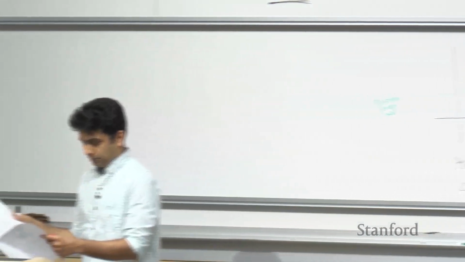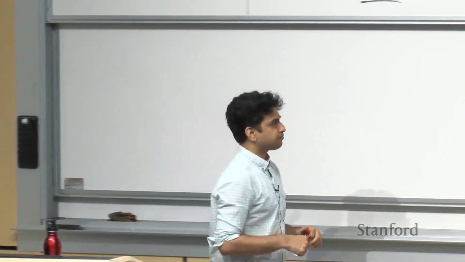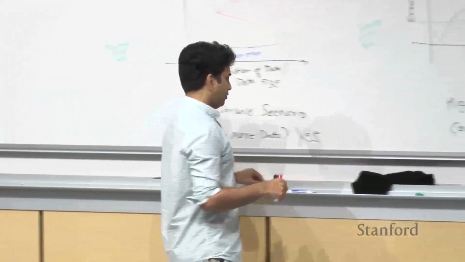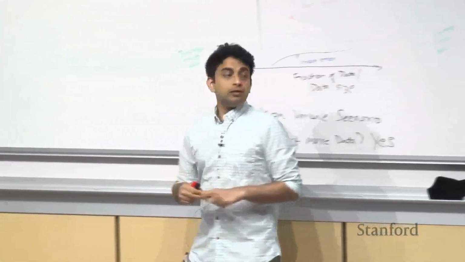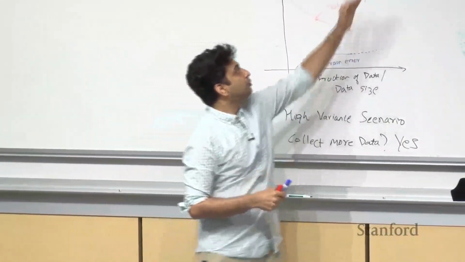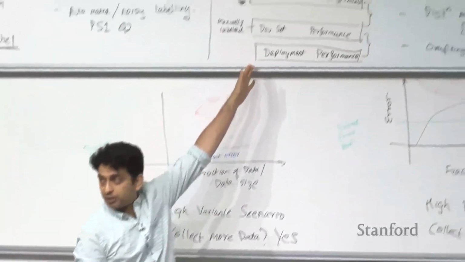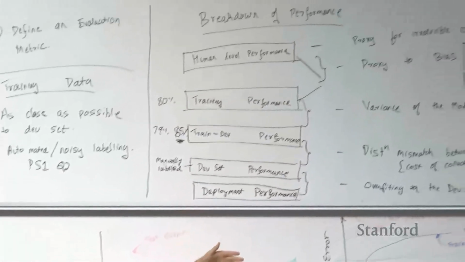Let's see. Are we done with the practical? A few more concluding comments. As I said, always, our goal should be deployment performance, right? Don't lose sight of the end goal, right?